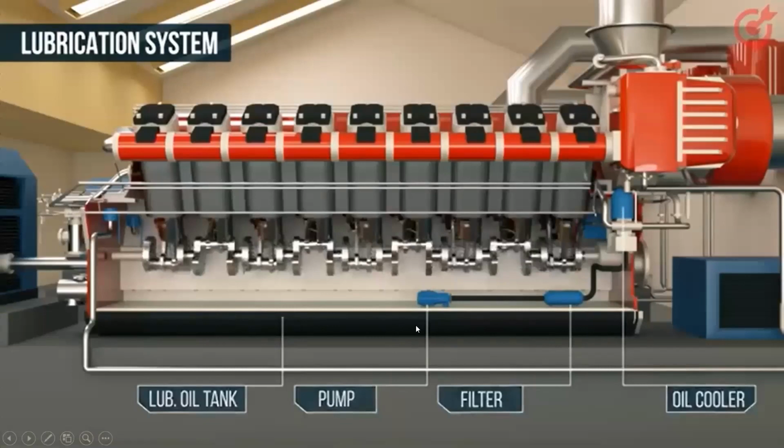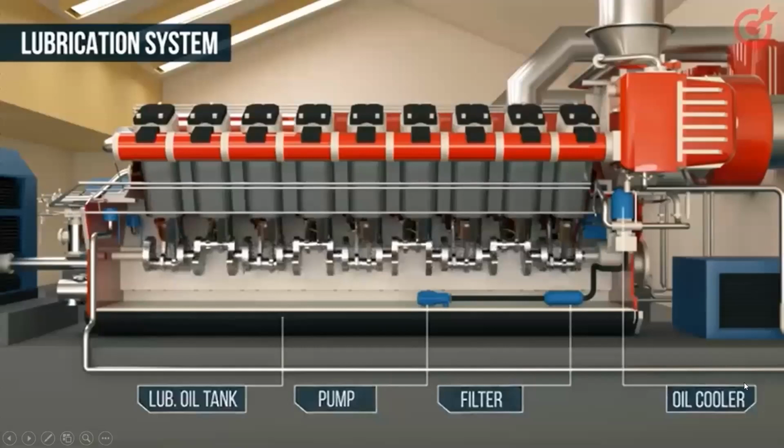The pump supplies lubricating oil from here; it flows into this part, first the filtering happens, then the oil cooling happens, then the lubricating oil goes inside. These are the cylinder heads, you can see this. Through this part the lubricating oil will be flowing.